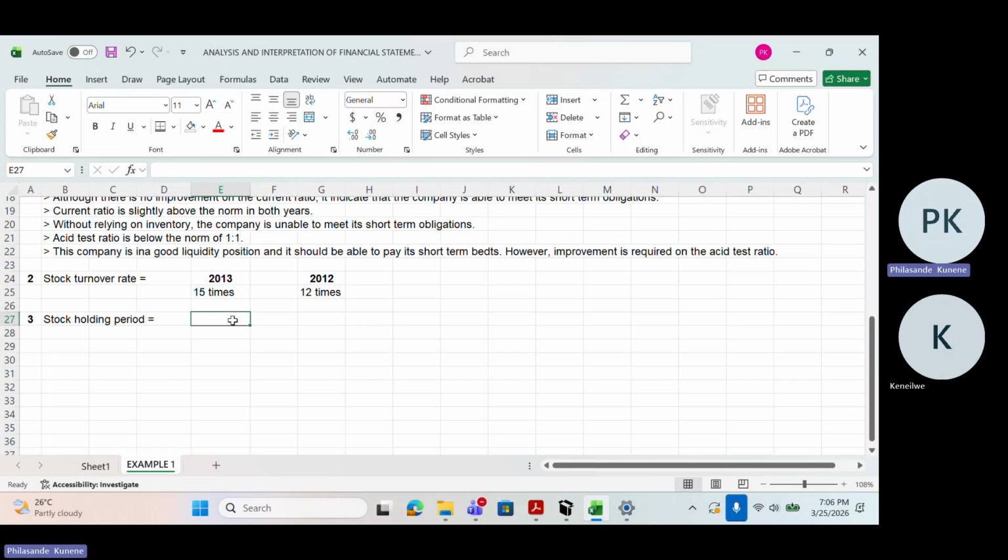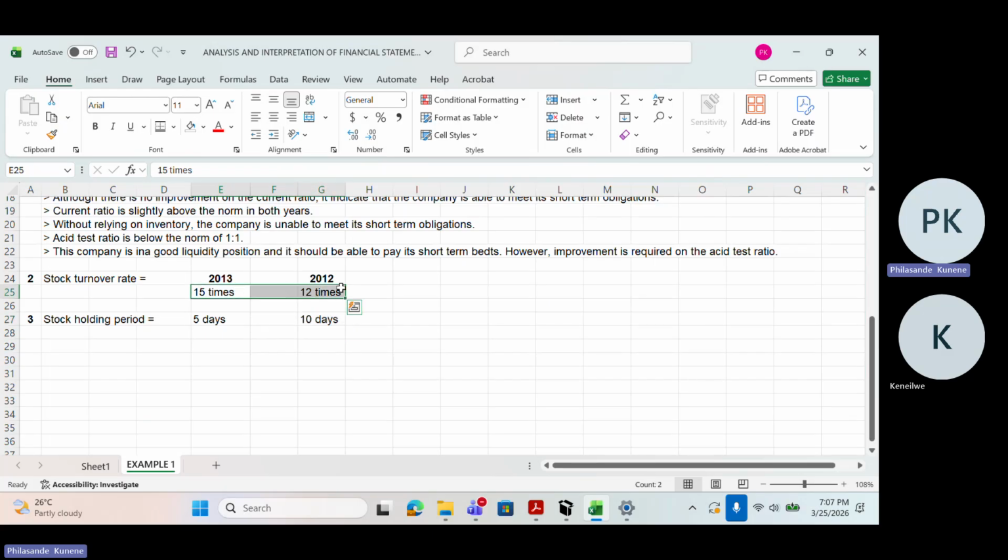2013 stock holding period. For improvement, this one has to go down all the time. If I say 5 days here, then here is 10 days. This is an improvement, a big improvement. It has to be always like this.